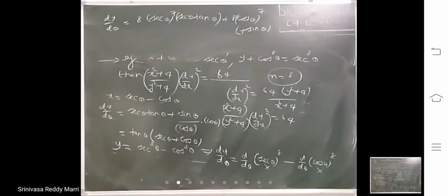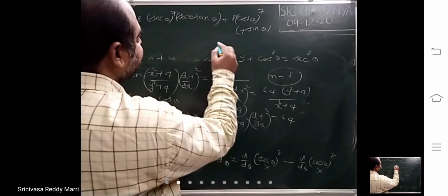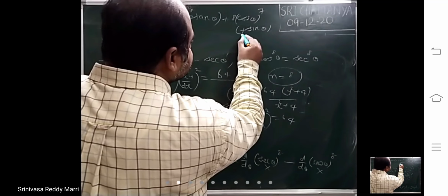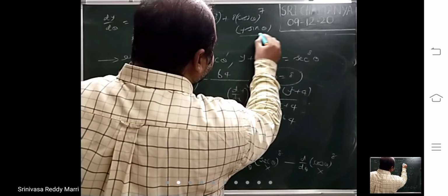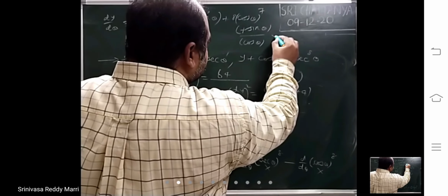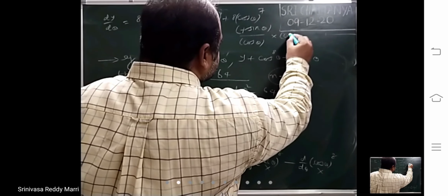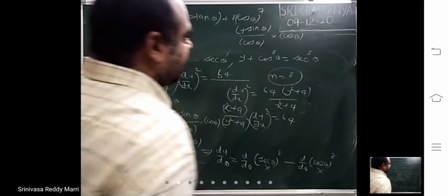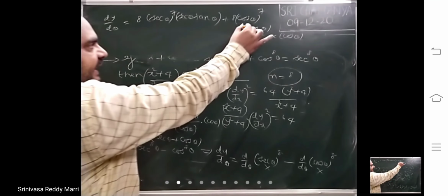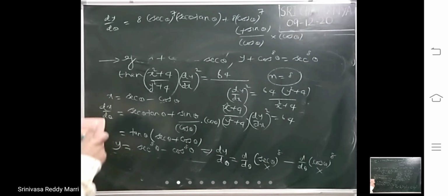How I am simplifying is that I want to take tan theta common. That is why for this one I am multiplying and dividing with cos theta. This will become tan theta into cos theta.